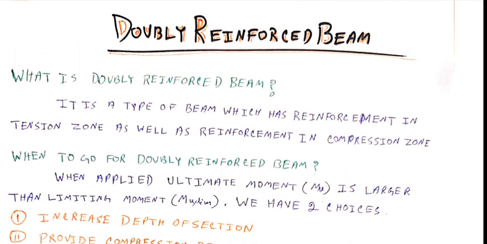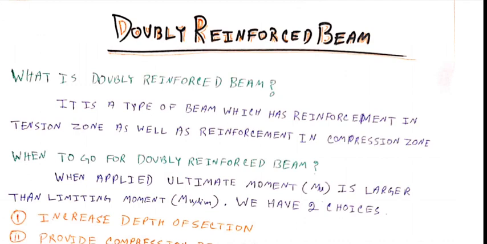In previous lectures, you have already learned about singly reinforced beam. So, a doubly reinforced beam is a type of beam which has reinforcement in the tension zone as well as reinforcement in the compression zone. As you learned in the previous lecture, whose video link is given in the description box, in a singly reinforced beam the reinforcement is given in the tension zone, the bottom zone.